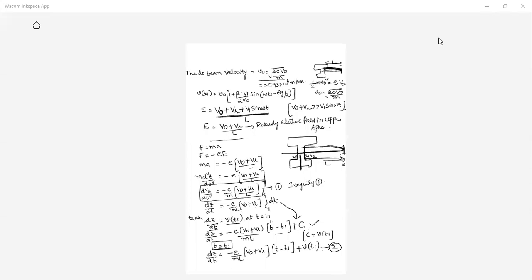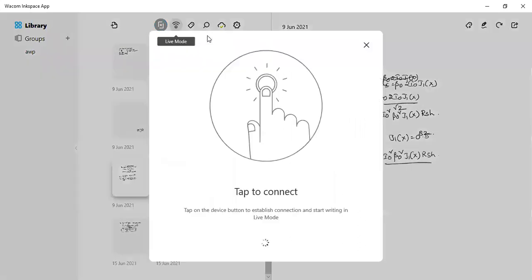Now I'll take another page. Wait a minute. We have got equation number 2. So remember this equation; we'll continue with equation number 2.